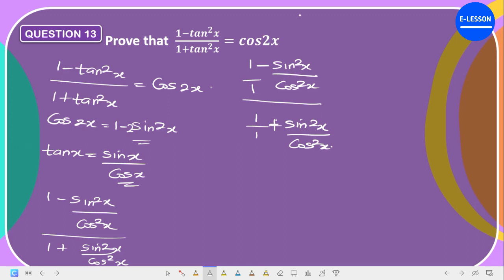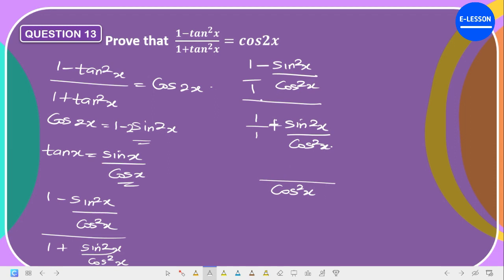So what do we do at this point in time? We are to prove that this is equal to cos 2x. Now, what is the LCM here? The LCM here is cos square x. So we have cos square x all over cos square x.